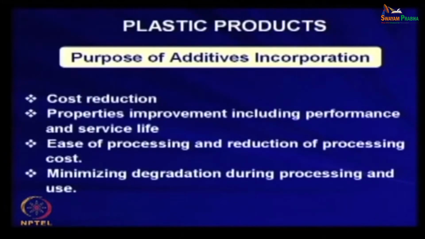In that, before developing that product technology, we must consider a few parameters like, say, cost of the product. Cost of the product should be competitive in the market. Otherwise, you can manufacture the product, but if it does not sell in the market, then you cannot make any profit.